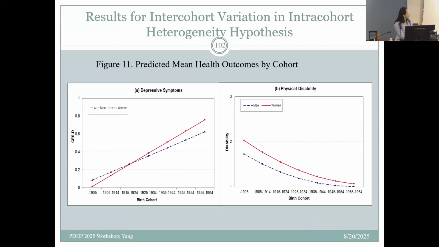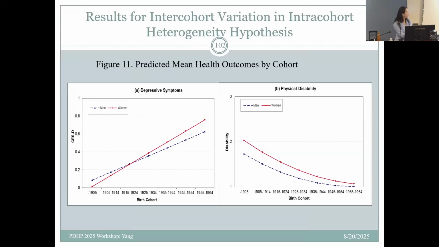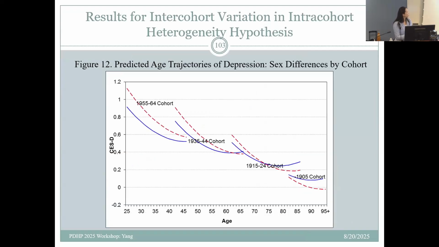And for physical disability, females tend to have higher physical disability, but in more recent cohorts, these differences converge or decrease a little bit. There are also substantial race differences in CESD, which I don't show here, but that's predicted in the model, and you should expect to find the same if you fit the data.